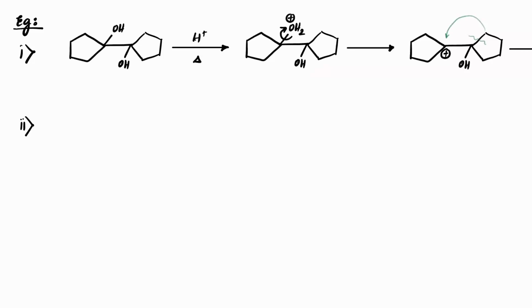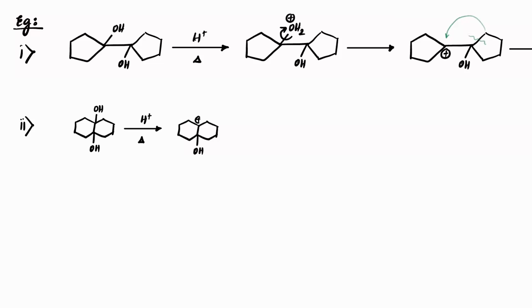Second, in case you have OH here and OH here on this, and H plus and heat is being done, what is the product you will get? First we will get a carbocation. I'm directly writing the carbocation at this position.